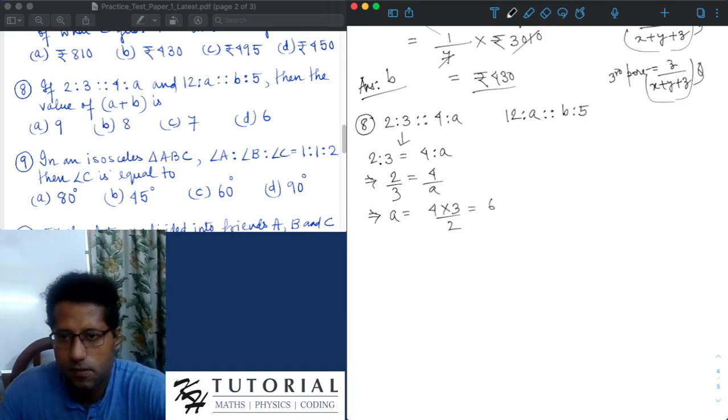Now from this we know that 12 is to a equals b is to 5.